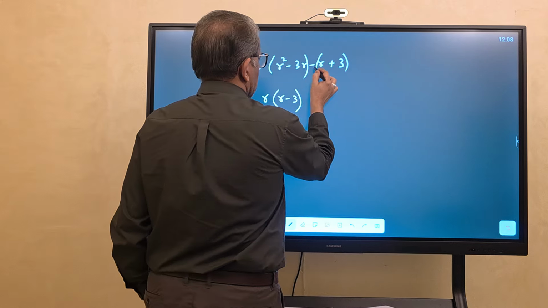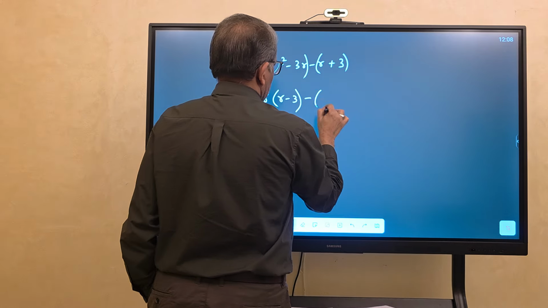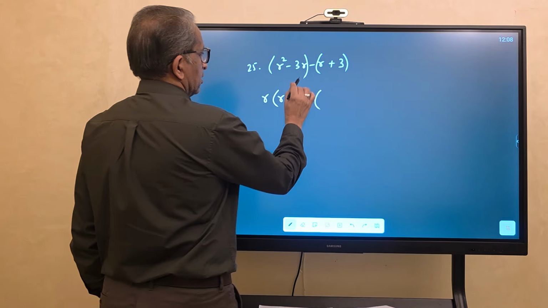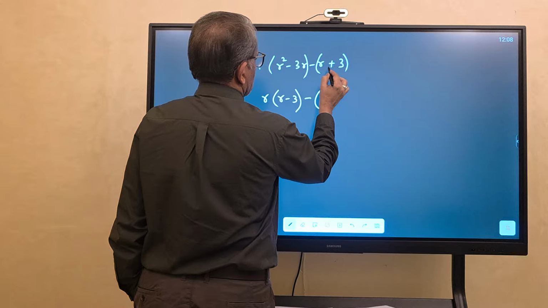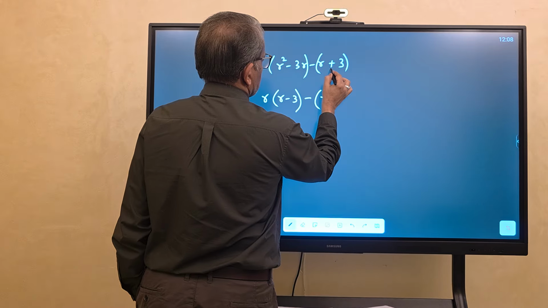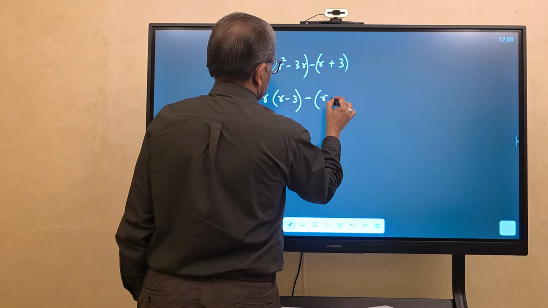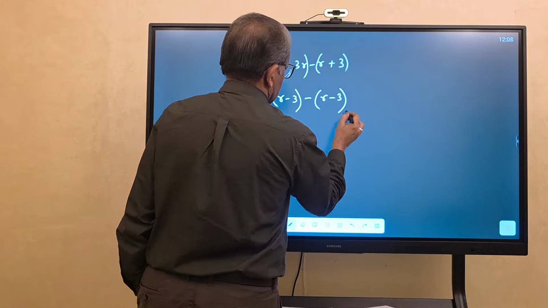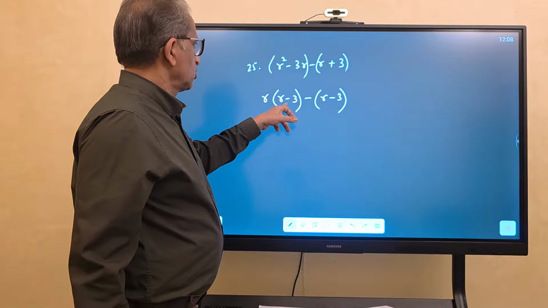Here I take minus out. The sign of R is minus, so it should be minus R. What is the sign of 3? It is plus. But here I am taking minus out, so it should be minus. So be careful here.